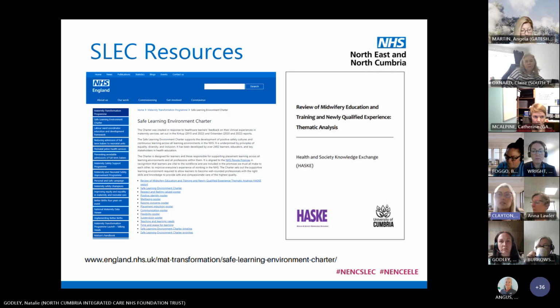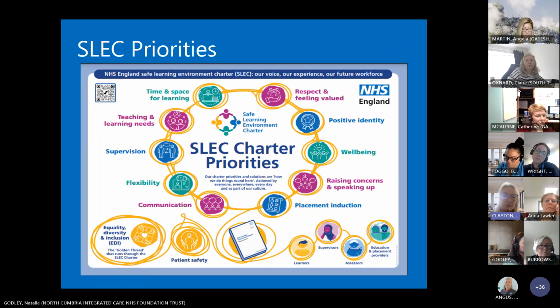Just to simplify it, we've popped it on there into different areas and simplified it a little bit, because some people have said that they can't always find what they're looking for in the toolkit itself, which we have fed back to the national team. There's also an implementation pack, a maturity matrix with descriptors, and a live assessment toolkit. All of these are available on our Future NHS site.